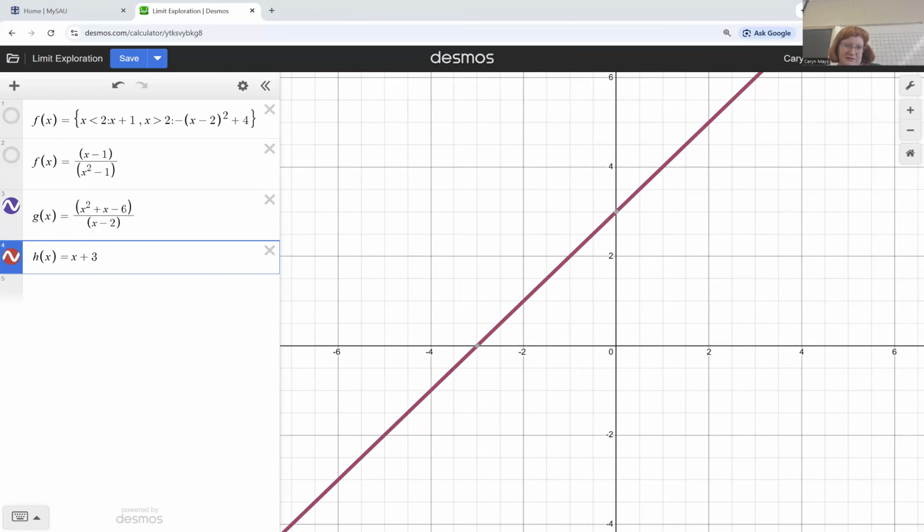Limit x goes to 0 of negative x over 3 times 3 plus x all over a big x, or I'll call it x over 1. How do I divide two fractions? Reciprocals.